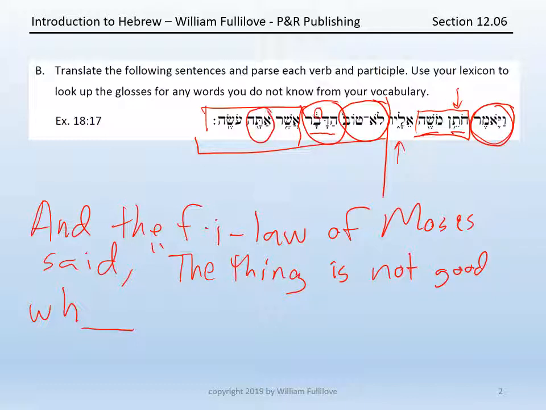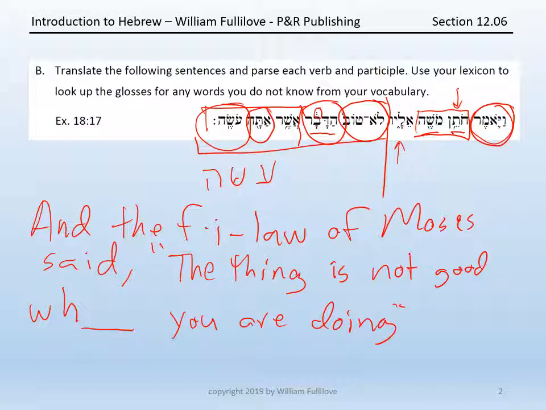Ata is the personal pronoun, you, masculine singular, and oseh is a Qal participle, masculine singular, of the verb asa. So you are doing.